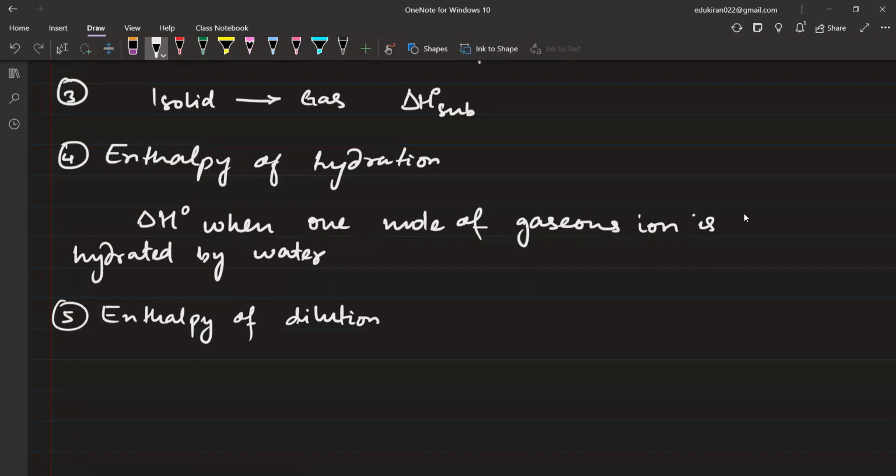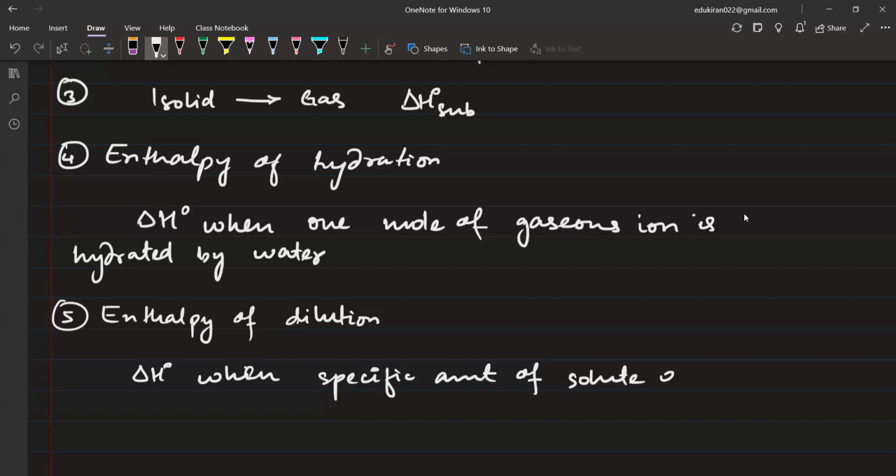Enthalpy of dilution, it is the delta H naught when any specific amount of solute is added to a specific amount of solvent. Okay, so this is the enthalpy of dilution.